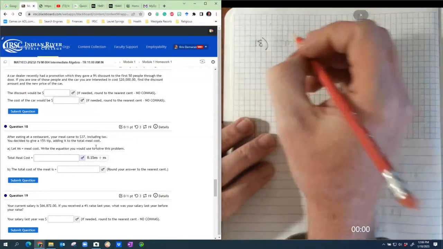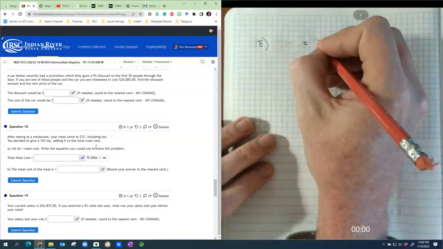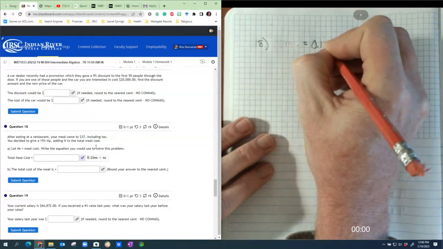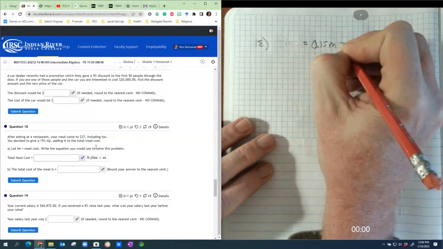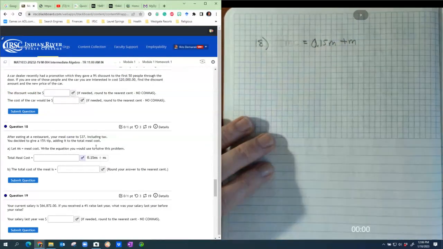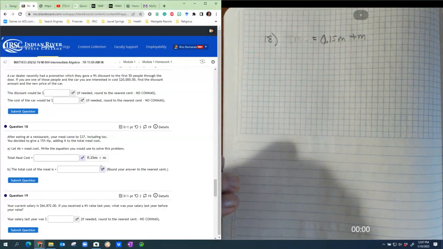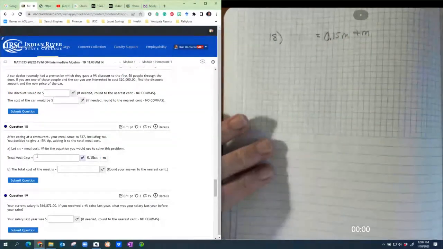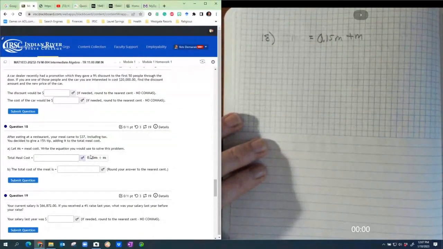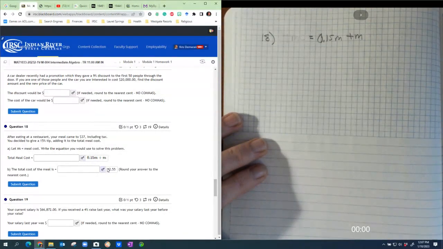The total meal cost is 15% of the meal cost, which equals M, plus the meal cost. Now, although we do know what the meal cost is because we have the 37, they're asking for the value of whatever the meal cost is without knowing that it's $37.